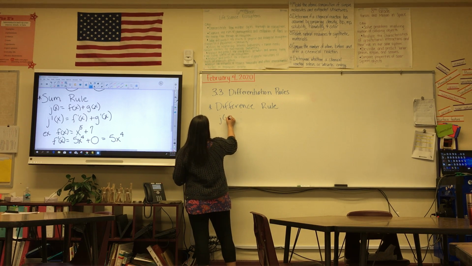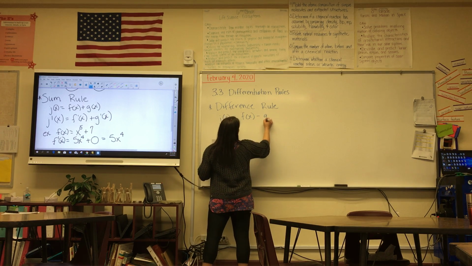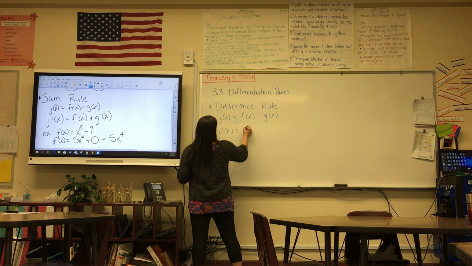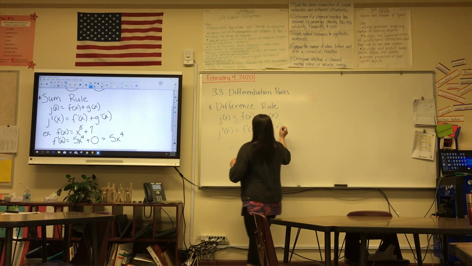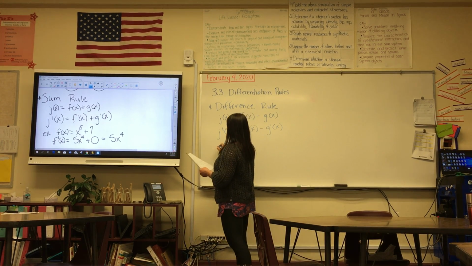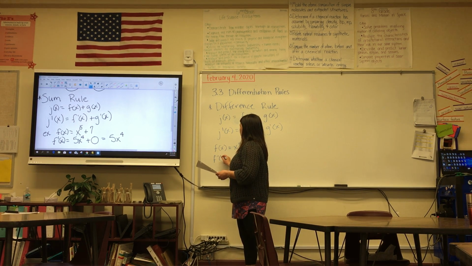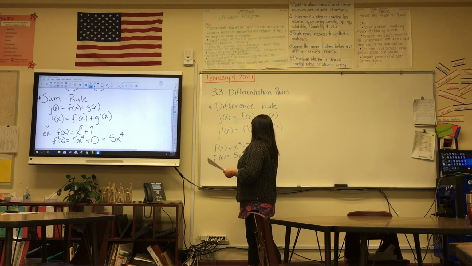If you have a function that is the difference of two functions, then the derivative of the function is the difference of the derivatives. For example, if f of x is x to the 5th minus 7, then f prime of x is 5x to the 4th minus 0.